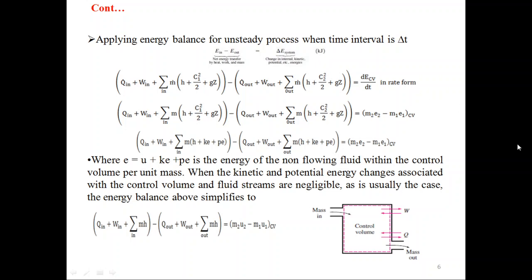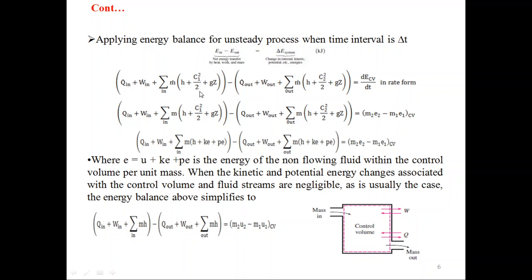So we can write this in rate form: Q dot in plus W dot in plus the summation over all the fluid entering of m dot multiplied by the terms h plus C1 squared upon 2 plus gz.